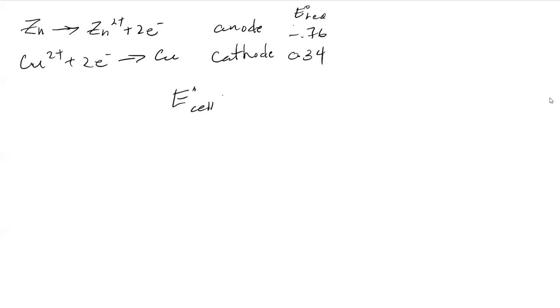E0 cell is equal to the cathode, 0.34 reduction potential, minus the anode reduction potential, which is negative. So that becomes 1.1 volts when I do the final calculation.